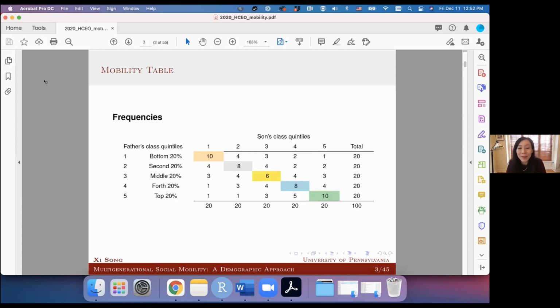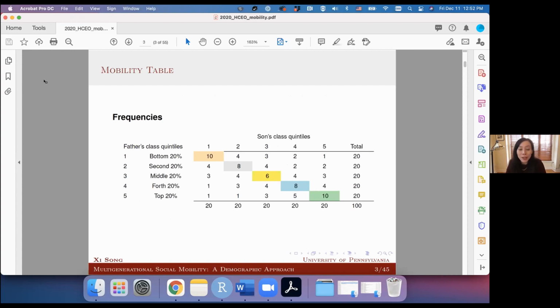So here are just some very basic ideas of the social mobility table. I'll go very quickly. This is just to use one of the examples, using income quintiles, because in sociology, people like to study occupations, but because today we have many economists, so I use income, as I think income mobility is more popular among economists.